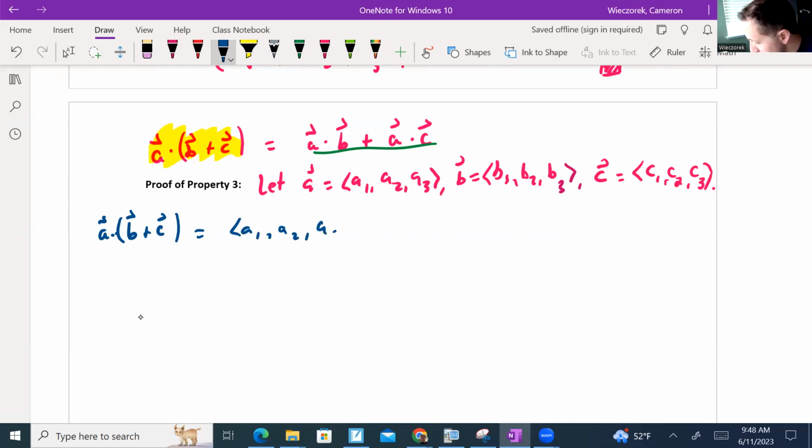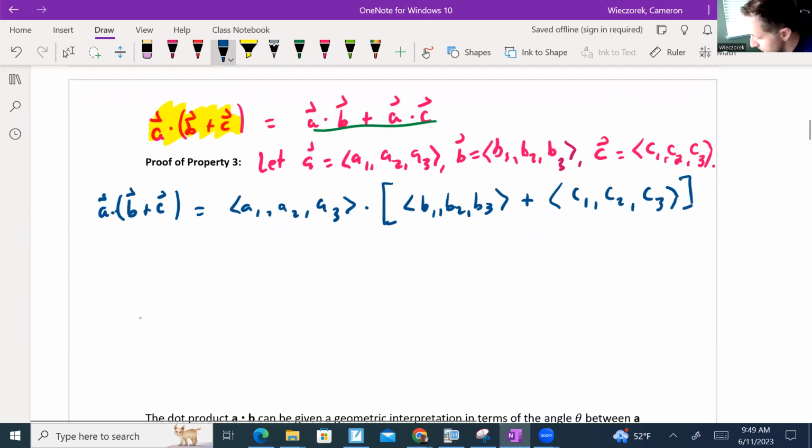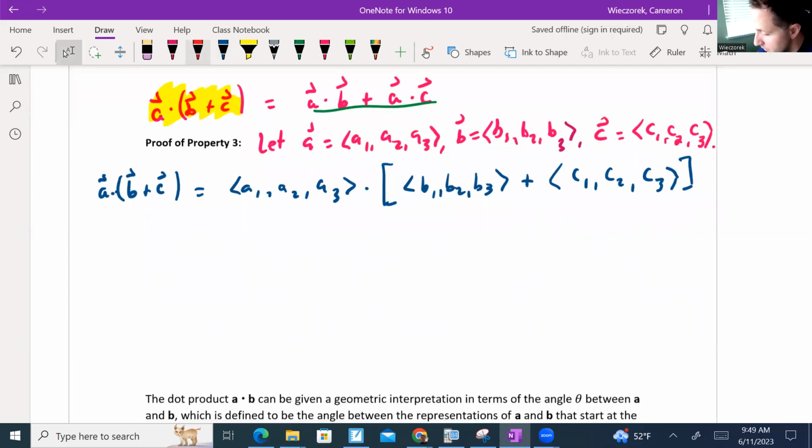You can't make jumps because the reader needs to see what you're doing line by line. So A, there's our vector A, dotted with, I'm going to use brackets here, B1, B2, B3, plus C1, C2, C3. So just expanding out what A, B, and C are.